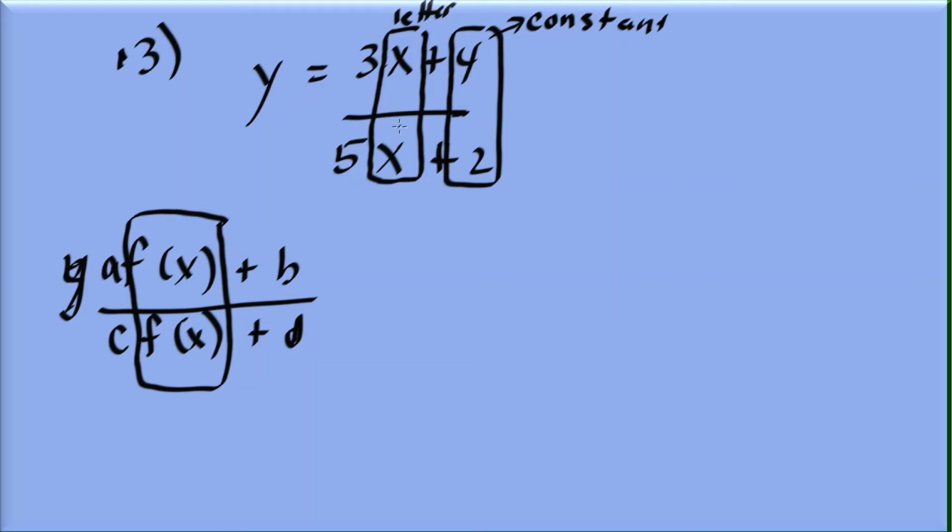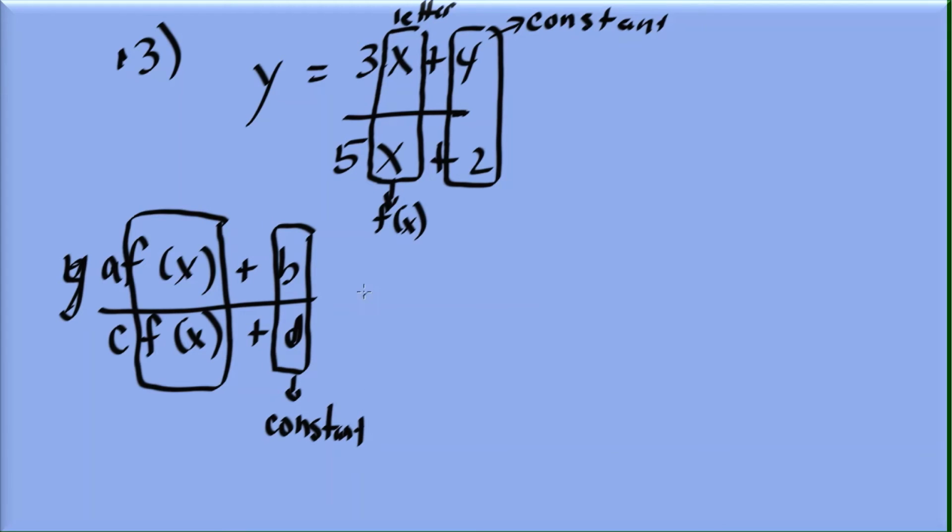So this x here is like our f of x, and the function parts are exactly the same, followed by the constant part.